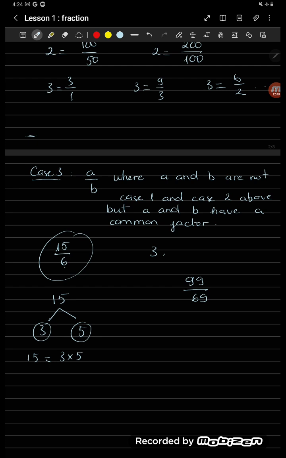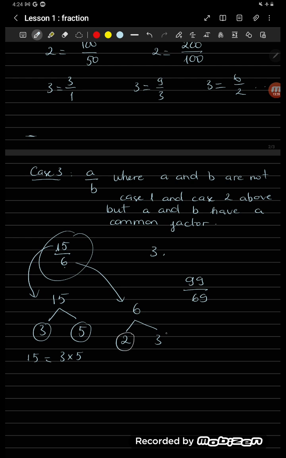Similarly we do for 6. So 15 here, 6 here. For 6, we also start with 2. Can 6 divide by 2? Yes. And 2 is a prime number? Yes. So we write it here. And 6 divided by 2 is 3. Is 3 a prime number? Yes. Because the result is a prime number, we stop here. We cannot do any further branch of the tree.